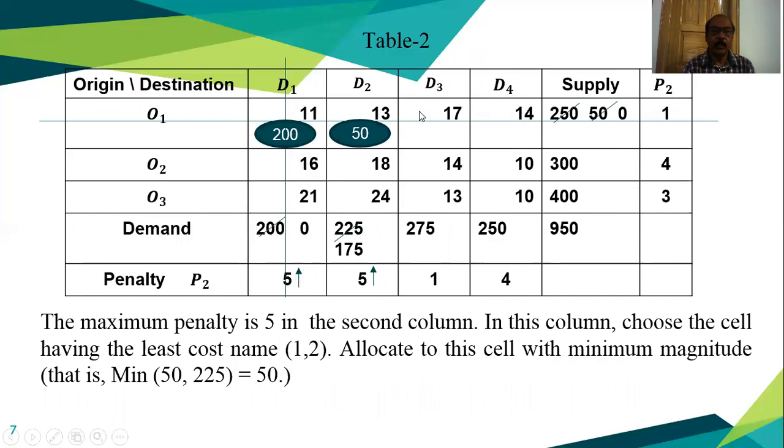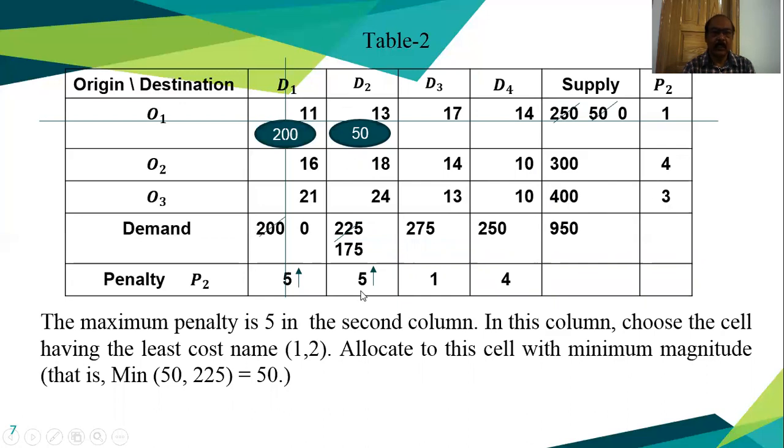So what is the difference of 13 and 14? It is 1. Now this is already exhausted, covered up by the line. Now 13 and 18, that is again 5. 10 and 14, 4. 10 and 13, difference is 3.